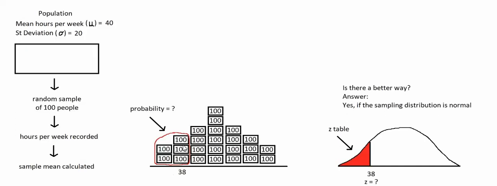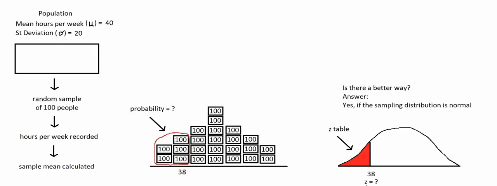I did make a little bit of a diagram here, but this diagram isn't anything real. It's just meant to show the concept. So we have no idea what shape it would actually have if we created it. And also, how do we turn a sample mean into a z-score?